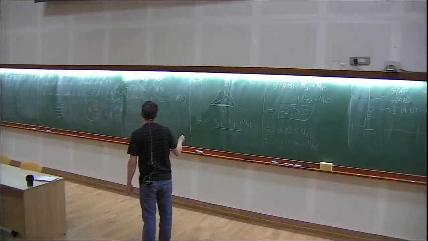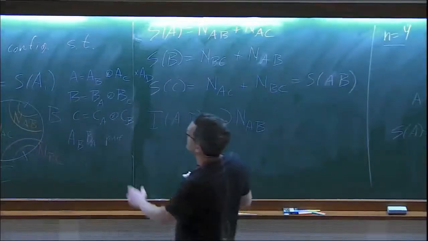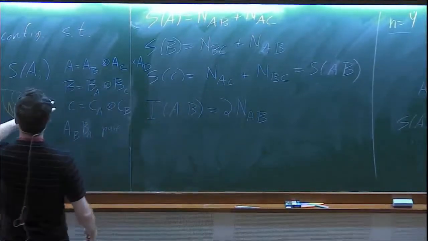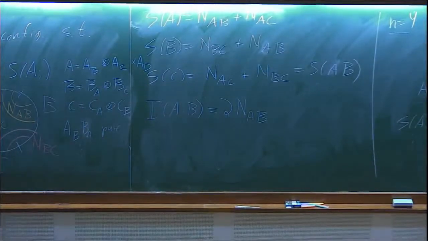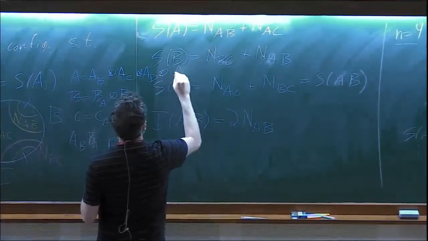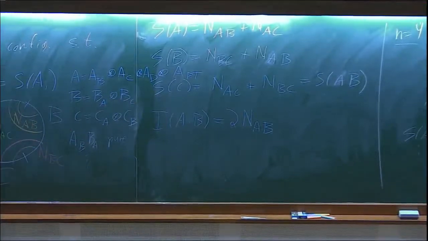Let me write down the four-party thing. The four-party thing is that, of course, you simply have the part of A which is entangled with B, the part with C, and the part with D. So you have these, but you also have a part which is going to be doing the perfect tensor part of the wave function.